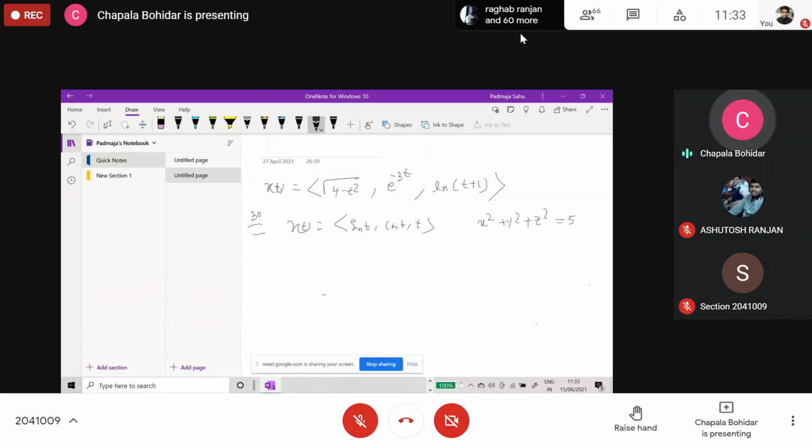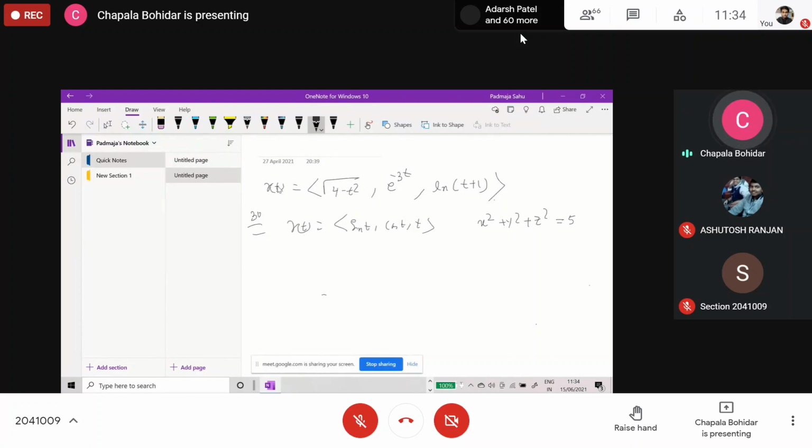The cylinder x squared plus y squared is equal to 4 and the surface z is equal to xy. Find the vector function that represents the curve of intersection of the two surfaces. Question number 14: the cylinder x squared plus y squared is equal to 4 and the surface z is equal to xy.